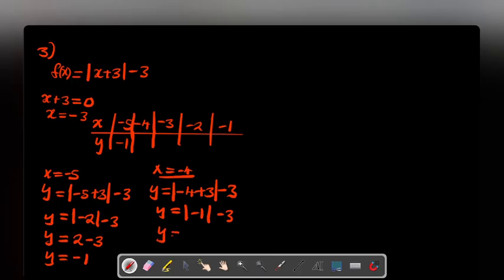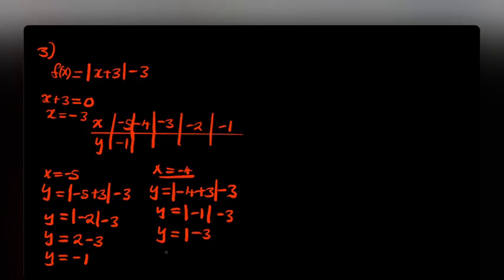So y is equal to the modulus of -1, we get the absolute value, which is +1, then -3. So the value of y is equal to -2.